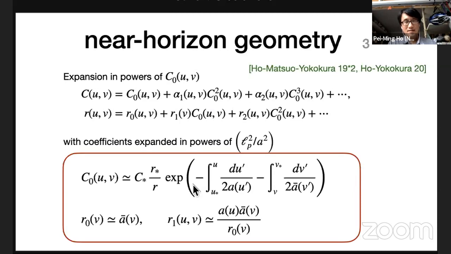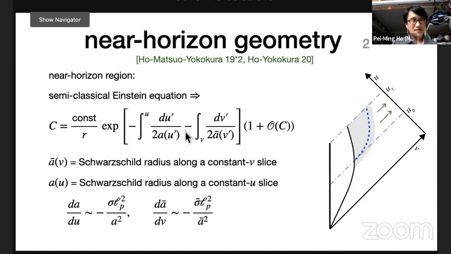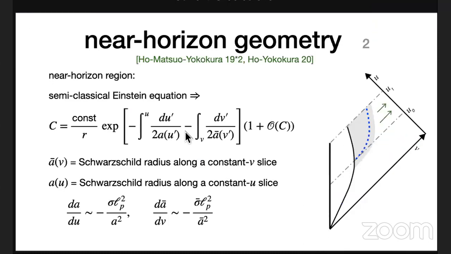T_VV accumulates over change in V. So it is this A bar that's changed by T_VV, and this is reflected in the areal radius of the near horizon region. I see. Anyway, this is the solution to the semi-classical Einstein equation. Thanks. Yeah.